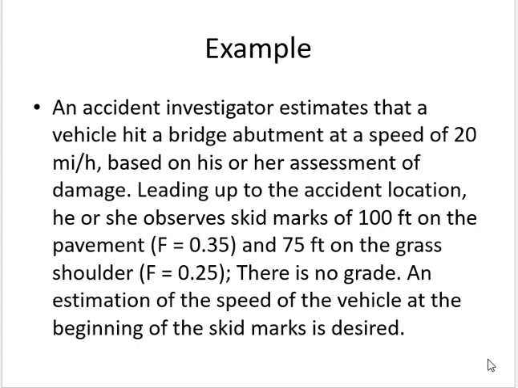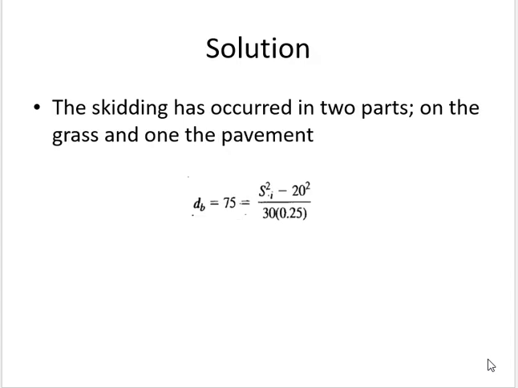Normally the road and the shoulder are the same surface, but in this case they are of different types. When they are of different types, their friction with the tire will be different. That's why you see the two F values. Clear? So I have to solve this example in two parts. Let us move on with that.